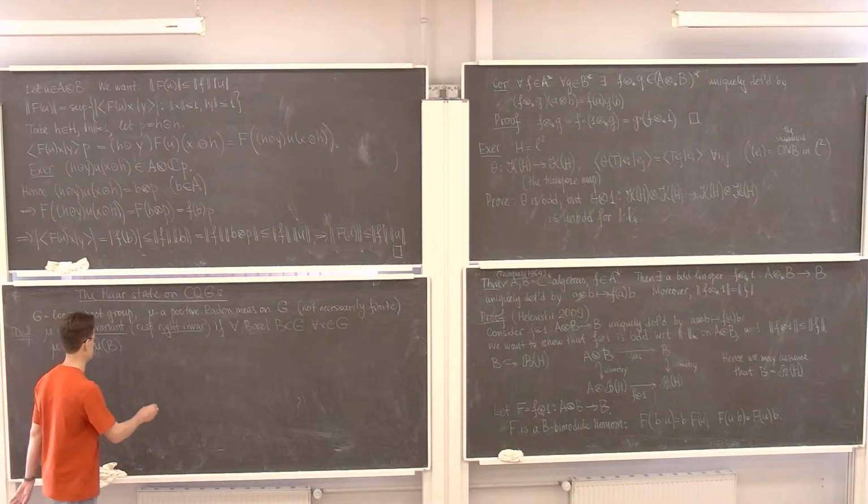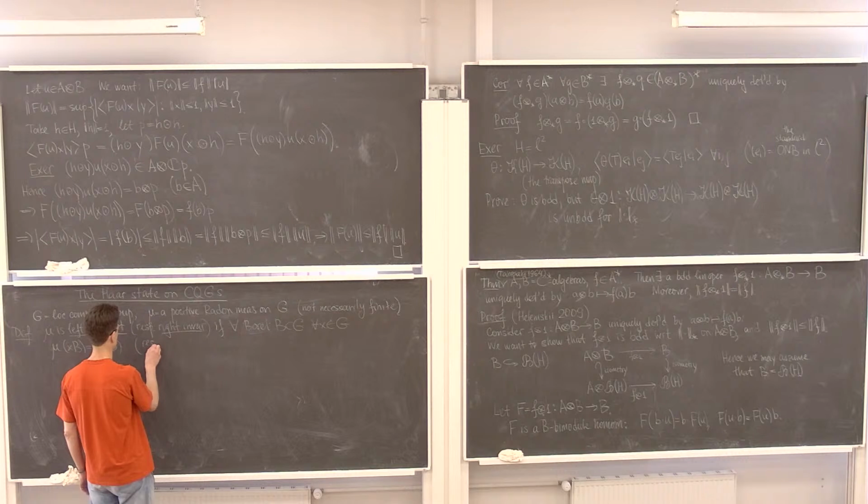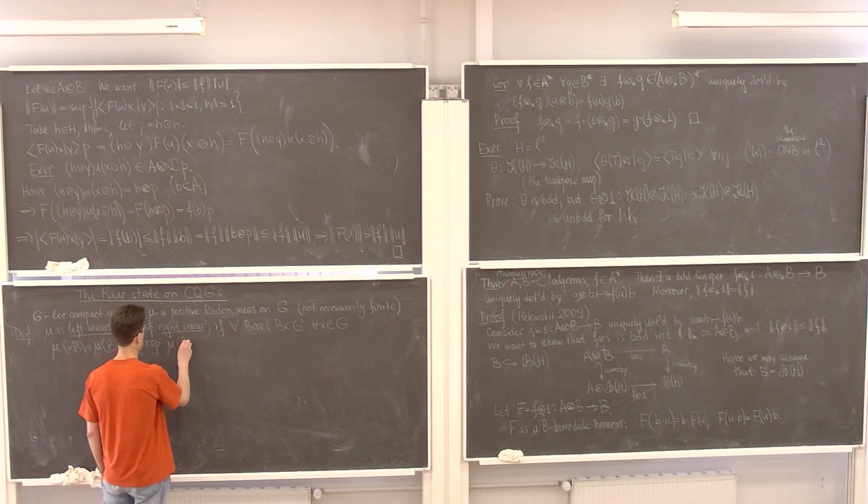This is the left invariance, and respectively for the right invariance, we have mu of Bx equals mu of B.